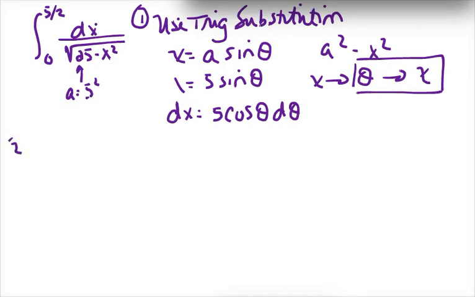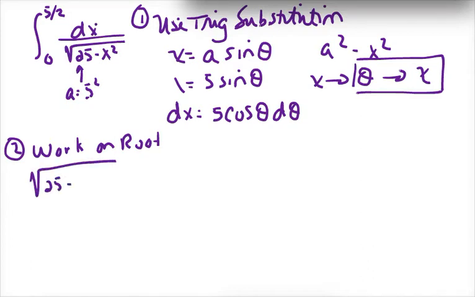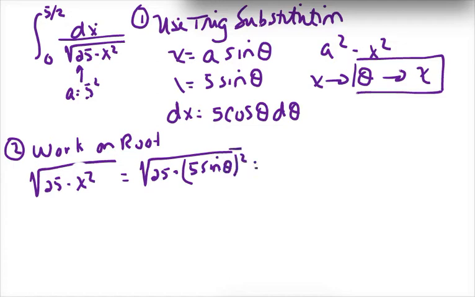So let's work on the root now. I'm going to pull it aside to work on the root. It helps to minimize clutter and keeps the algebra clean. So this is 25 minus, I'm going to substitute in for x. X is equal to 5 sine of theta. I'm going to put it in place of x, and I need to square it.